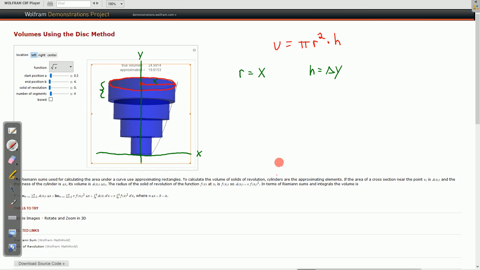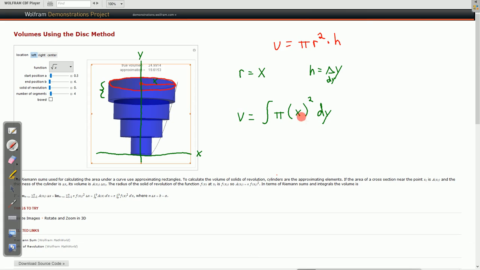And so that changes our formula quite a bit. Pi times the radius, which is x, times delta y, which is the same as dy. And so that is one way to look at your volume formula. Now, hopefully you can see there's a problem with that formula. The variables don't match.